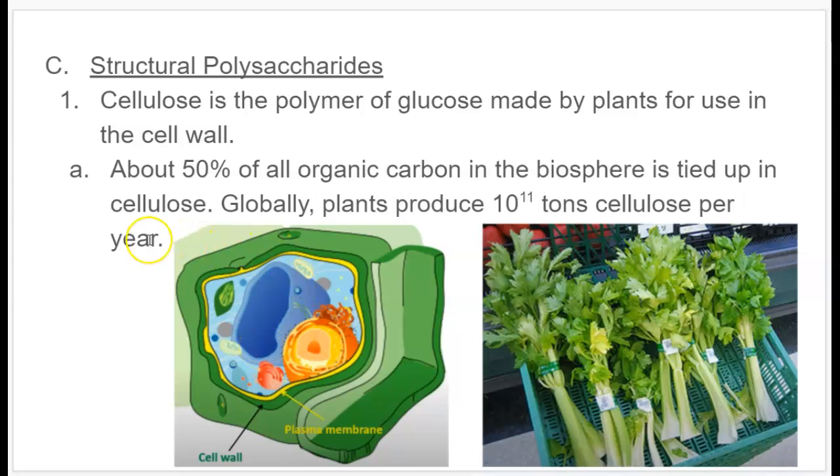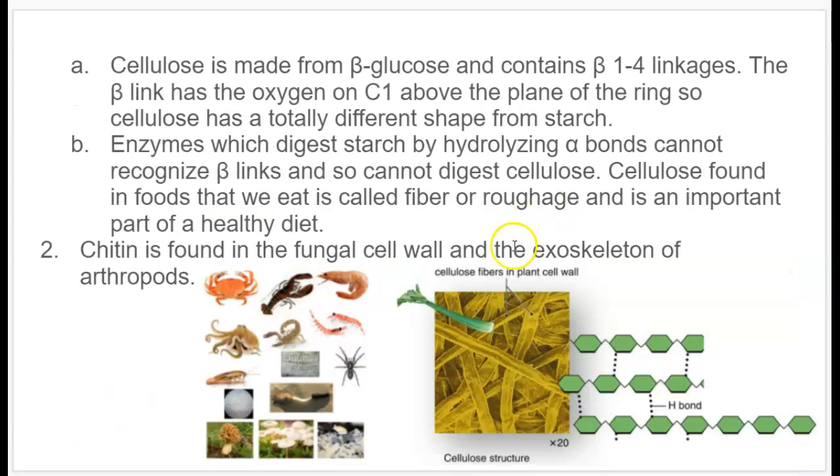Roughly 50% of all the organic carbon in the biosphere is tied up in cellulose. Plants produce roughly 100 billion tons, so 10 to the 11, that's 1 with 11 zeros, of cellulose per year.